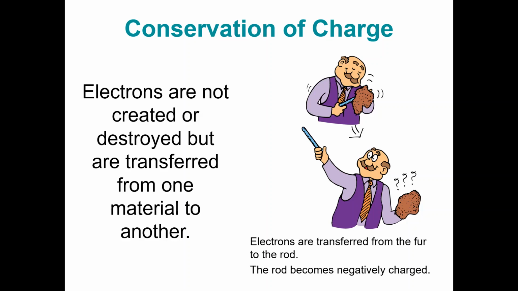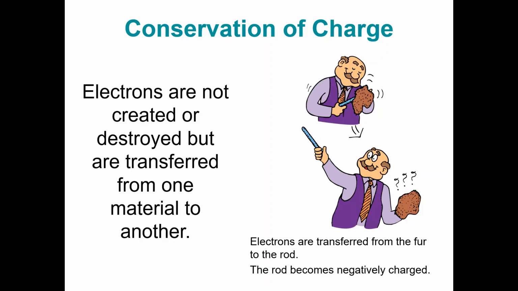The concept of conservation of charge. So what happens is electrons are not created or destroyed, but are transferred from one material to another. I'm sure you learned earlier in physics that matter cannot be destroyed. It just changes into another matter.